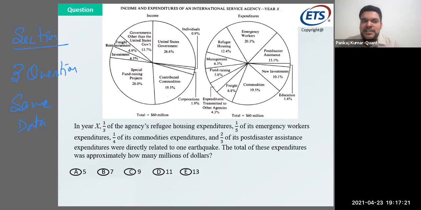The same data set is used to solve 3 different problems. This is exactly what is going to happen. That's why we're keeping this webinar, to understand what exactly the GRE is going to be and how we'll be reacting to it.